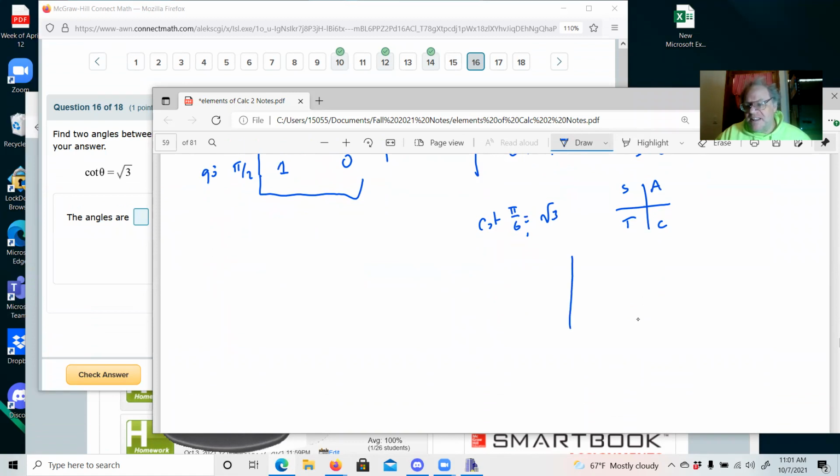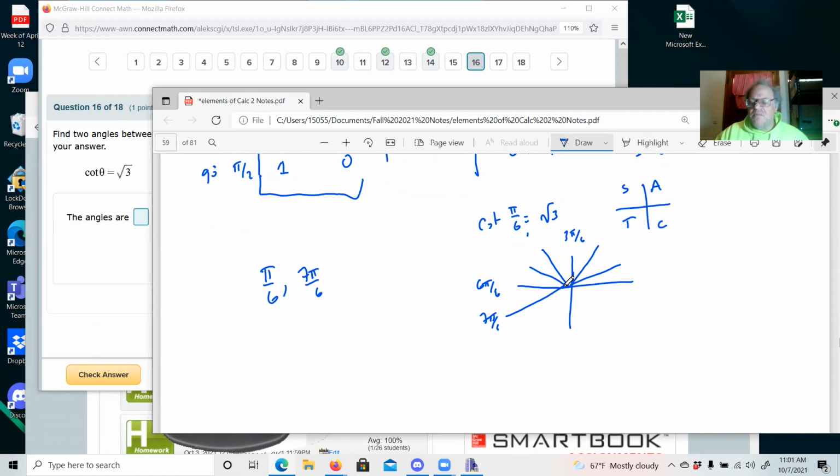So let's find out. 1 pi over 6, 2 pi over 6, 3 pi over 6, 4, 5, 6 pi over 6, 7 pi over 6. That's the one we want. So 7 pi over 6 will have the reference angle of pi over 6. So pi over 6 and 7 pi over 6, those are the angles that we want.